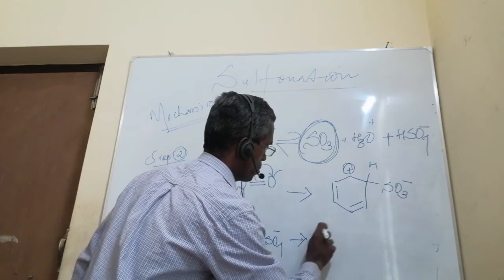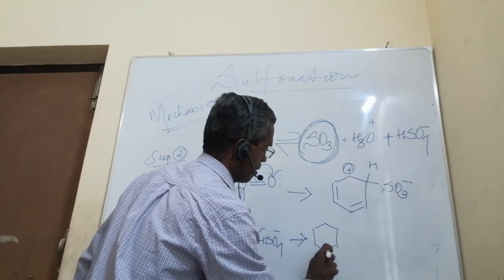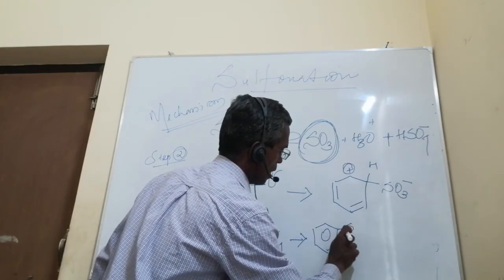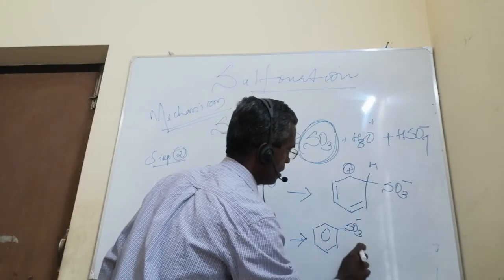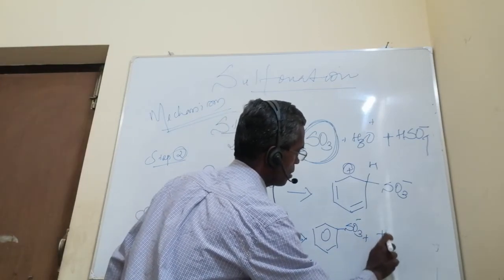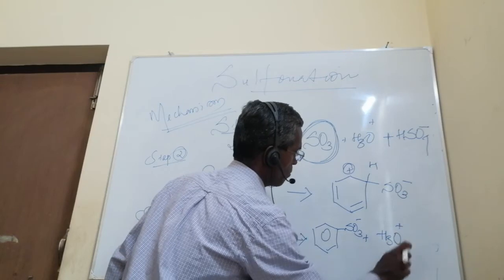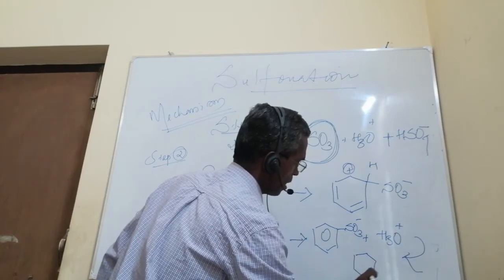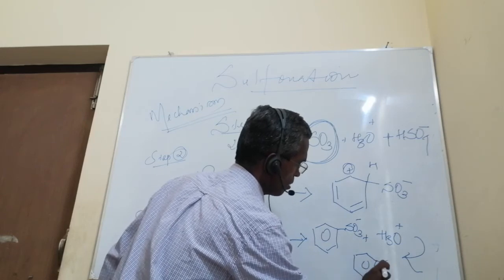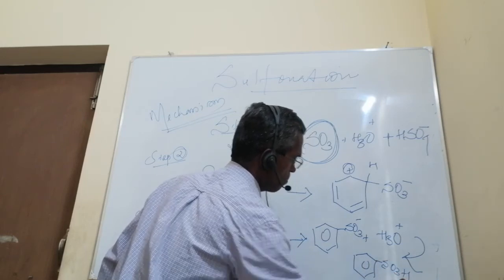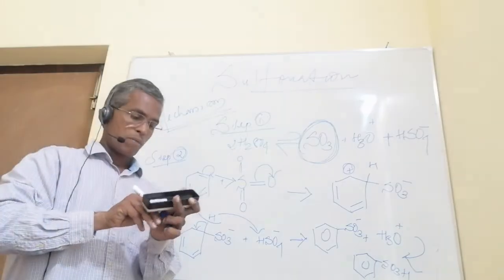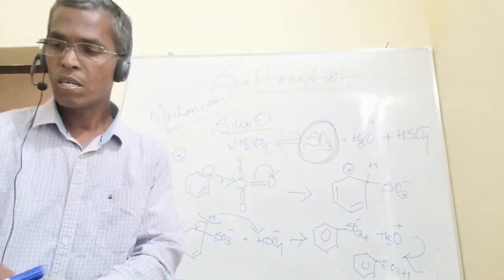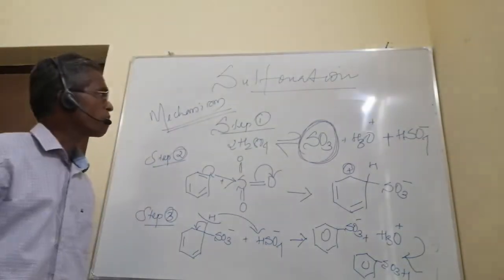The product is SO3- remaining. This SO3- then takes the proton from H3O+, converting this into benzene sulfonic acid, SO3H. Simple. Yes, these are the few steps involved in the sulfonation of benzene.